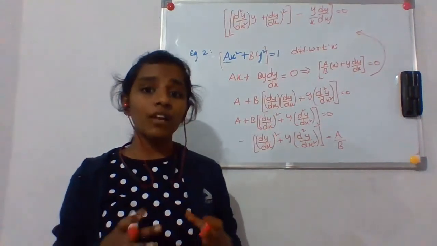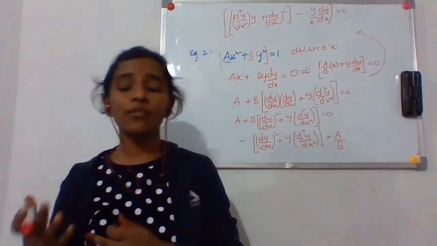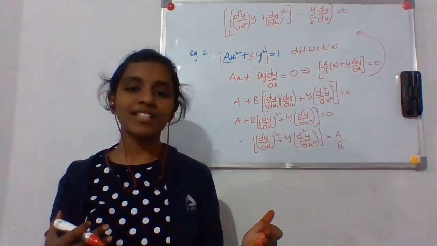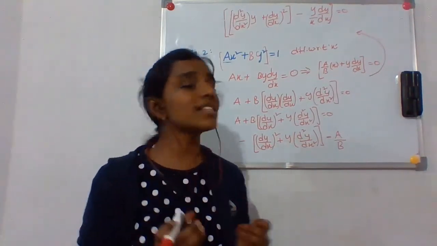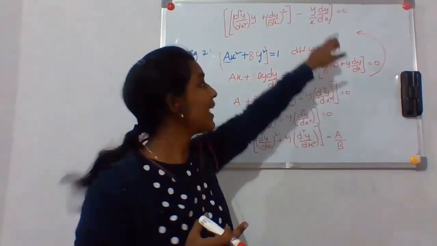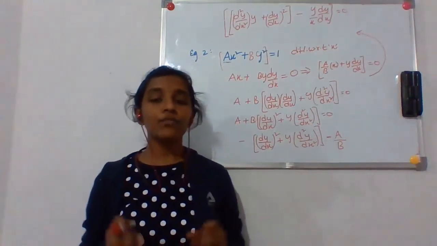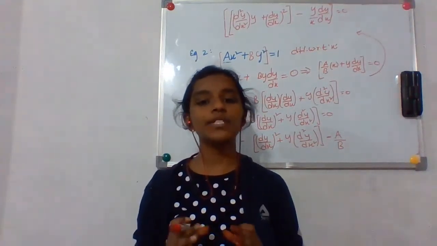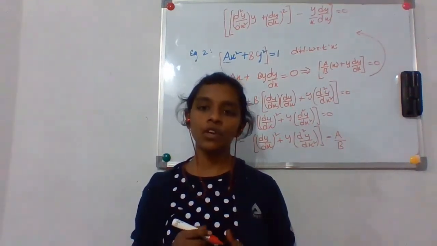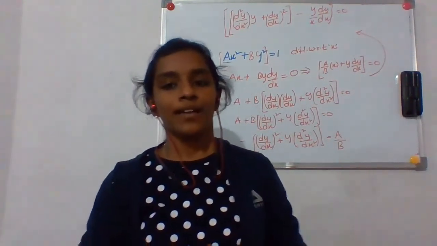Then again I have to take a value for 1 by b and it will become a big process, right? So, to simplify, if I take this, then I'll get a by b over here. Then I can easily substitute the value of a by b and get the answer. So you should do the problem in the way that is easiest to simplify. Understand? Okay, so that's it.